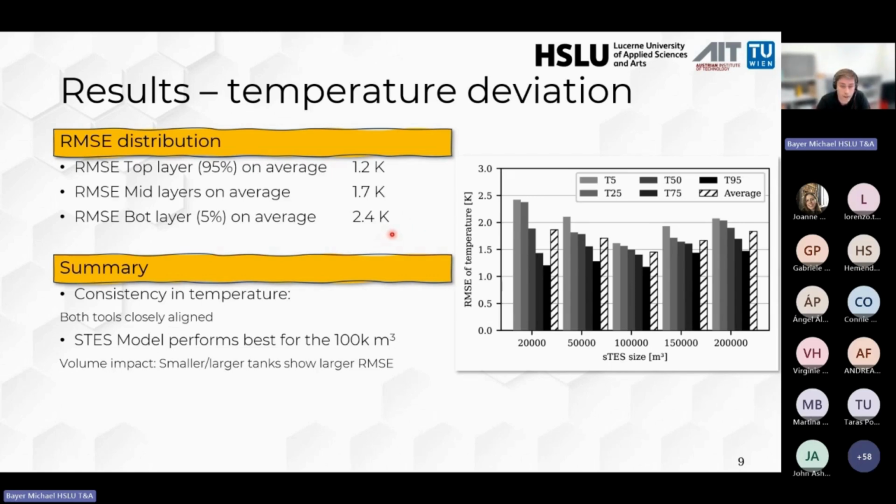Although there is still slight room for improvement, for example, in extreme cases when the tank is very small or very big. What's also worth mentioning is that the best performer is the 100,000 cubic meter storage, but this is because we started with this one, and all the calibration and validation was done with it, and then we scaled it up and down.